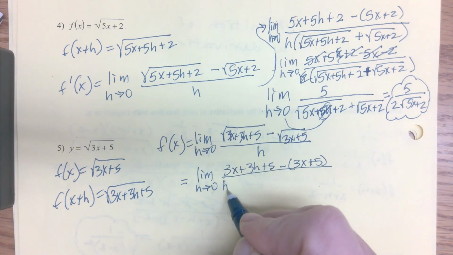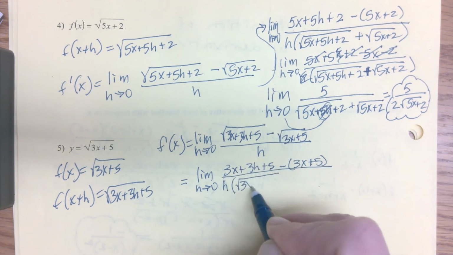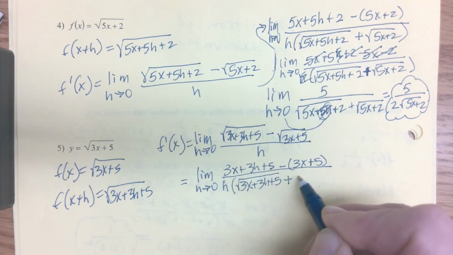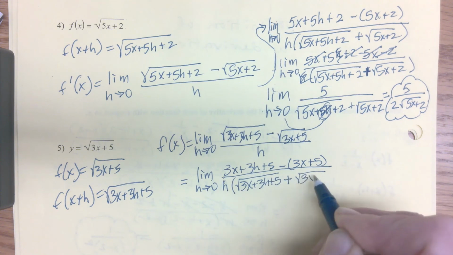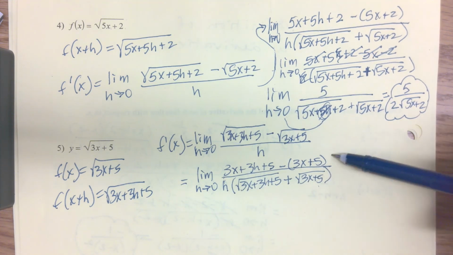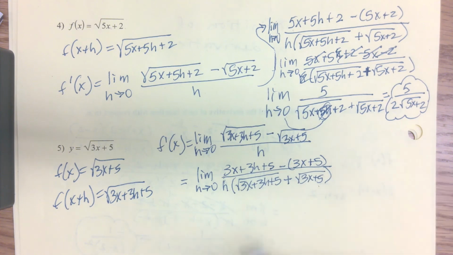And then on the bottom, it's the h times the square root of 3x plus 3h plus 5 plus the square root of 3x plus 5. Again, I'm multiplying this thing on the top and on the bottom, and in doing so, it gets rid of the radical on the top, but that thing will stay on the bottom.